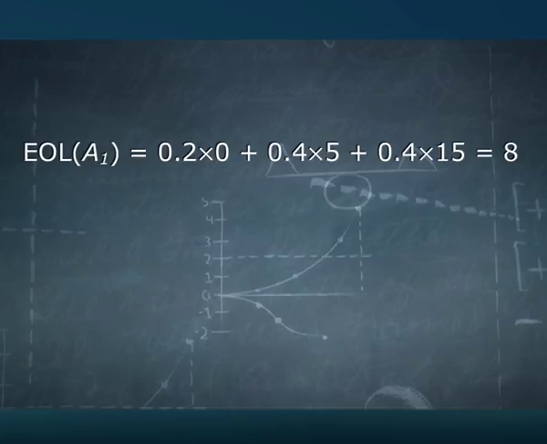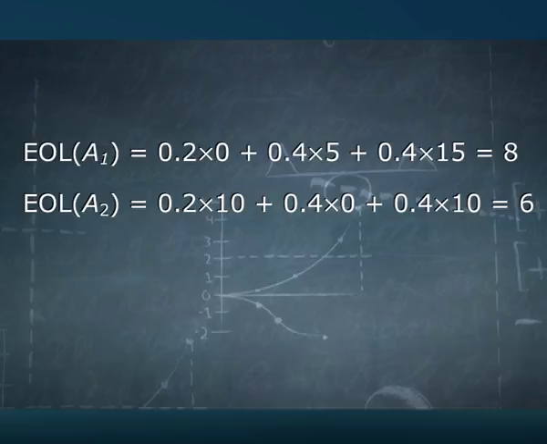Therefore, EOL of A1 will be equal to 0.2 times 0 plus 0.4 times 5 plus 0.4 times 15, which is equal to 8. Similarly, EOL for A2 will be 0.2 times 10 plus 0.4 times 0 plus 0.4 times 10, which is equal to 6.